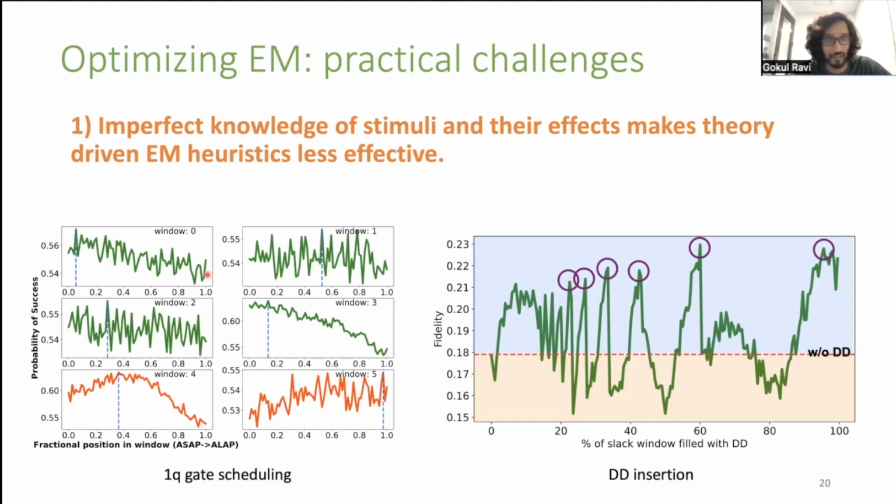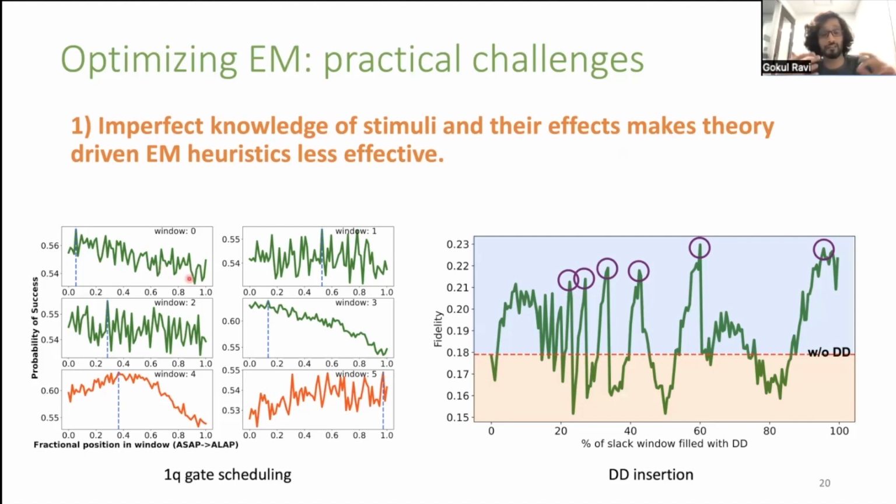Whereas in window 5, you can see that putting the gate towards the end improved fidelity as much as possible. And you can see in some other cases that putting the gate in the middle helps more, right? And you can also see that some windows have more benefit than others. For example, window 3 gives a 0.55 to 0.62 improvement in the fidelity, while some of the other windows are more negligible, right?